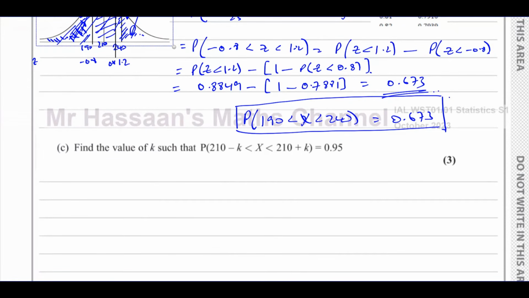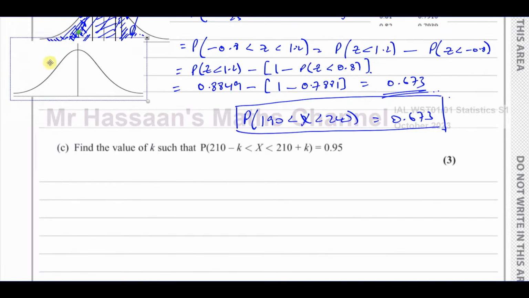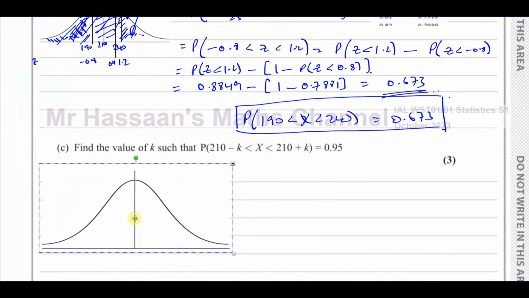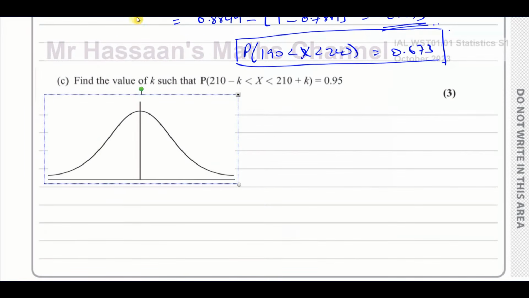So let me just use this. Here we know the median is 210, so everything's symmetrical about this median. We have a value which we don't know, but it's 210 minus k, and 210 plus k, so the same length on the other side.